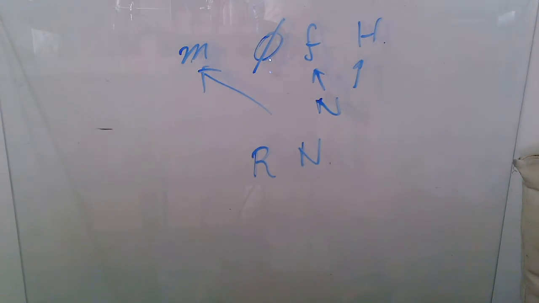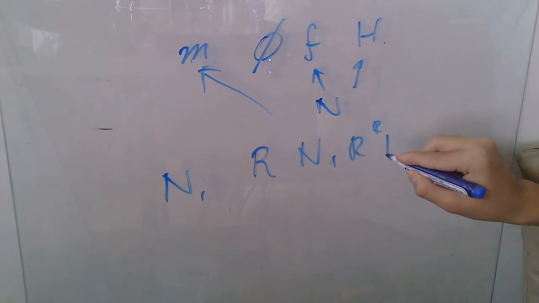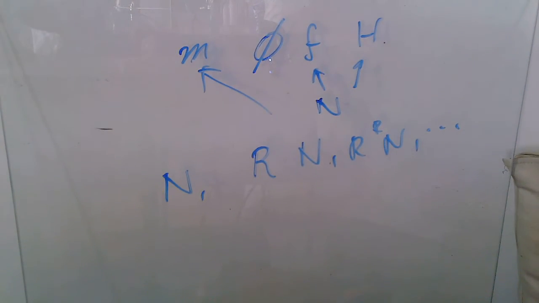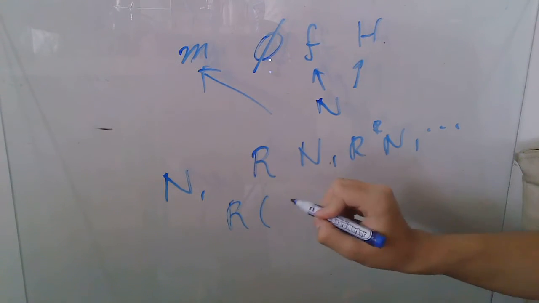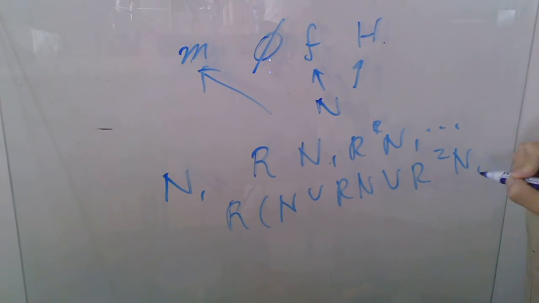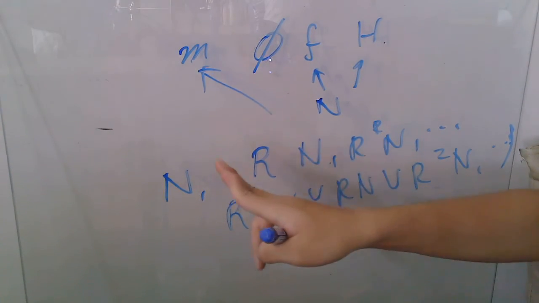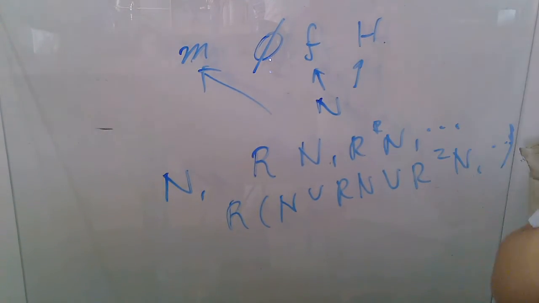So the sets N, Rn, R squared N, dot dot dot, and so on, are disjoint. Now, like the previous one, we just need to apply R on the set N union Rn union R squared N, dot dot dot, to detach N from F. So therefore, F and H are not with N.